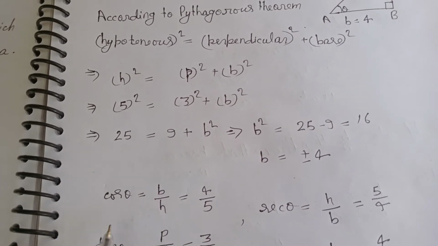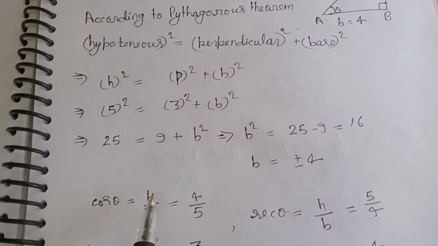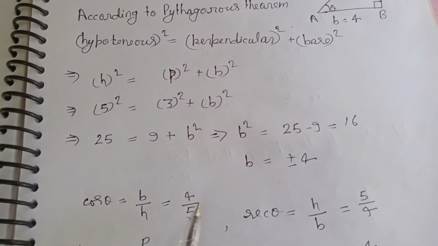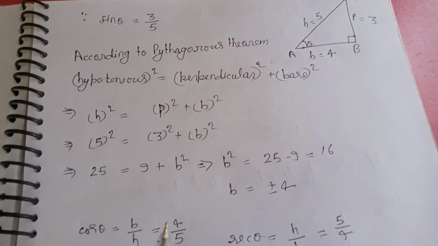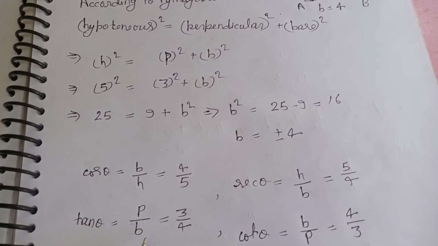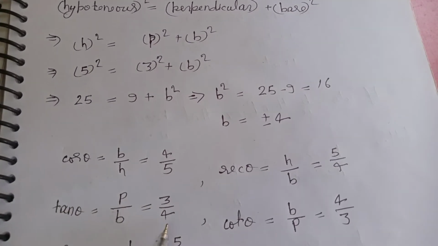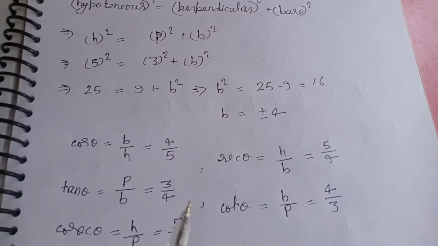Now find the other functions' values. Cos theta equals base upon hypotenuse, that is 4 by 5. Tan theta equals perpendicular upon base, that is 3 by 4.